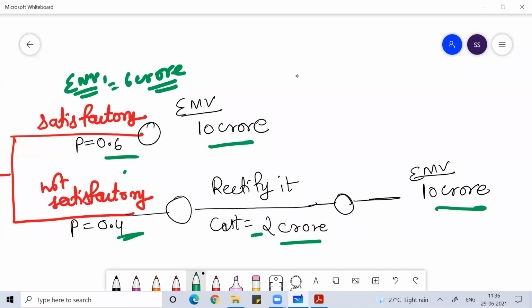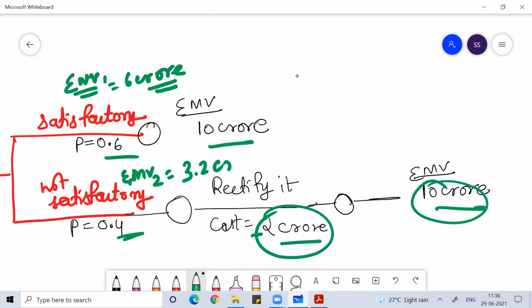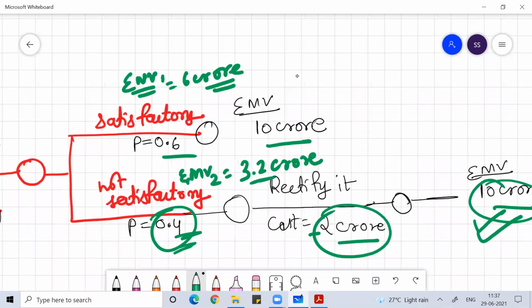So 40% of 8 crore, that is 3.2 crore. Anyone, any doubt? Economic value you are getting is 10 crore, and if you go with rectification, you have to put 2 crore there. So you're generating an economic value of 8 crore with a probability of 0.4. So economic value here is 3.2 crore.